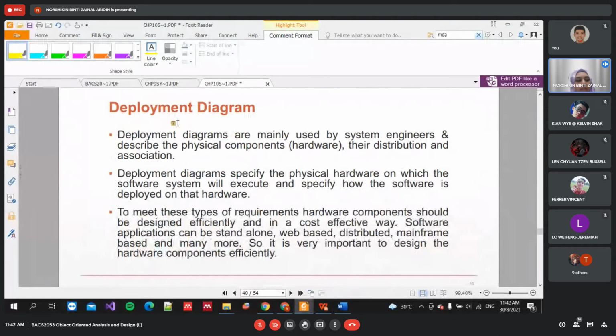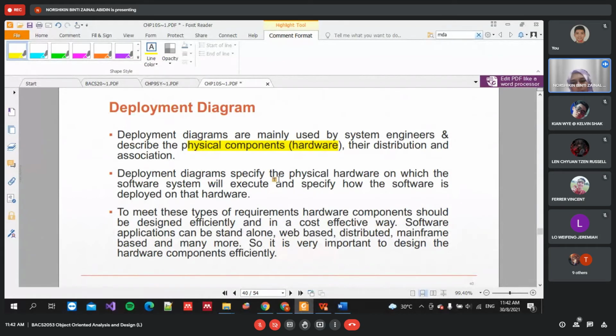So like I said, a deployment diagram shows the connection between nodes, or physical devices, physical hardware. Deployment diagrams are mainly used by system engineers and describe the physical components, their distribution and association. Association again refers to the relationship.